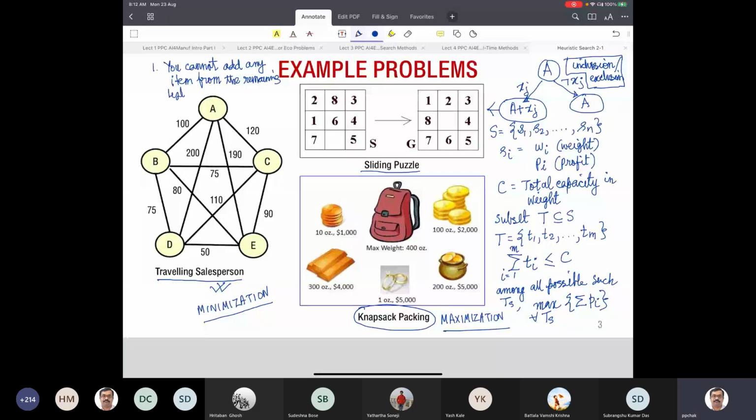Please note that by this inclusion exclusion principle, we are considering one item at a time, and we are adding or removing it from the list. So in the state definition, other than just the items chosen, is anything else to be given in the state definition?